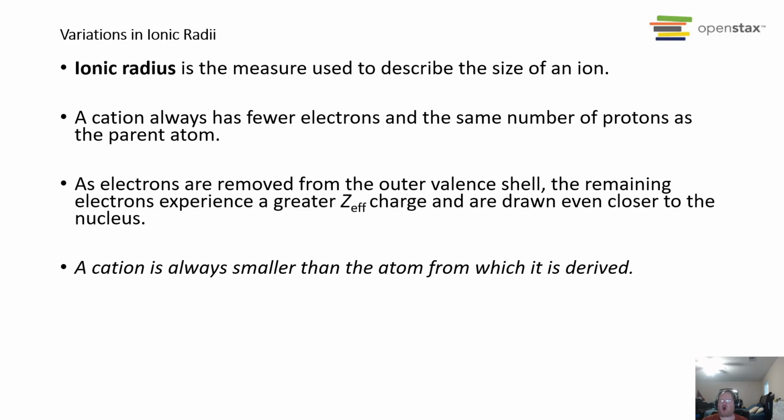Therefore, a cation is always smaller than the atom from which it is derived. And I love saying that word always, because a cation is always smaller. So sodium versus sodium plus, this is larger, this is smaller. And you could do that with any cation.